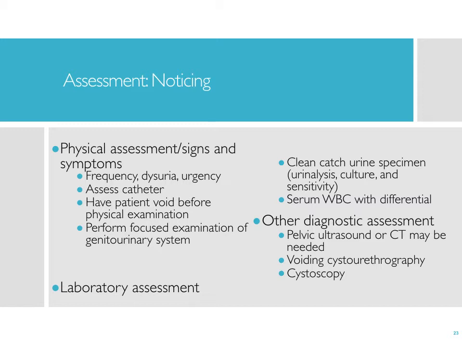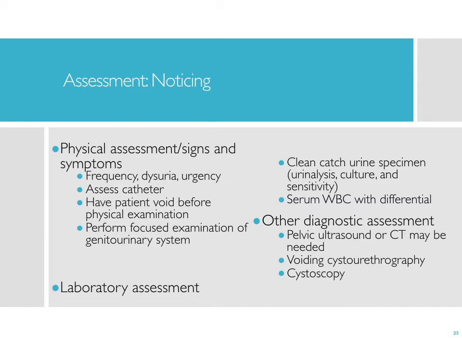Usually with that clean catch urine specimen, we'll get a urinalysis and a culture and sensitivity. We also would get a serum white blood count with differential so that we could see if there's signs that they may have an infectious process.